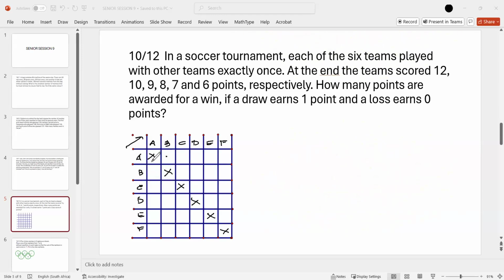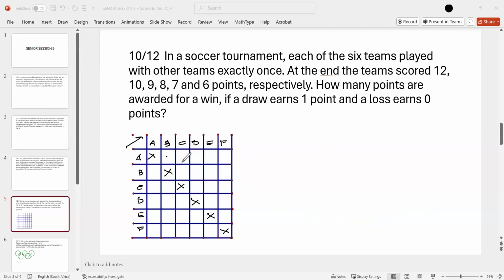Because in the game between A and B, if A beat B, then I'll put a W here, but then B lost to A, so I'll put an L here. So in these squares here, you have won or lost or even drew. It's possible they can draw. So these two represent the same game.